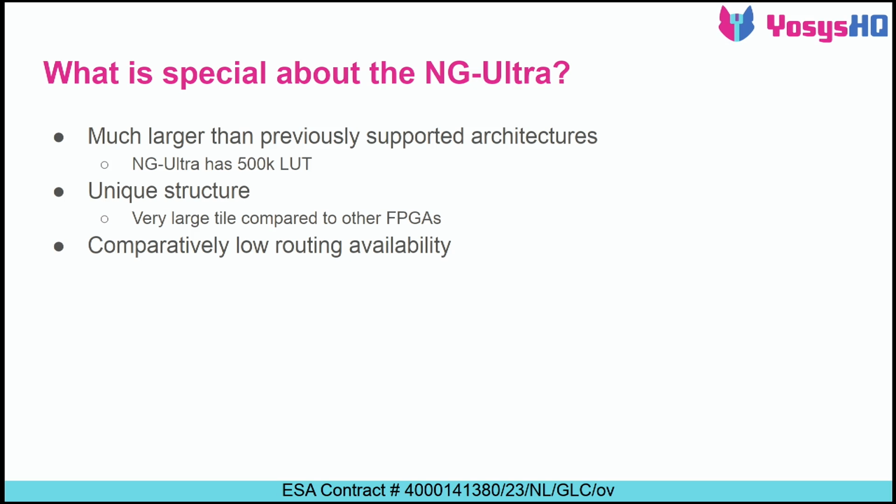The structure of the FPGA itself is also very different. They have these tiles, which are similar to slices, but the tile has, I have to remember again, about 200 LUTs in it, something like this, if I remember correctly. So it's very huge compared to a slice. Normally, I think you have 4, 8, maybe 16 on other FPGAs.